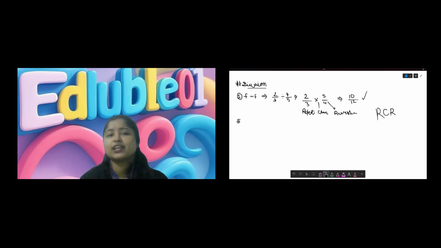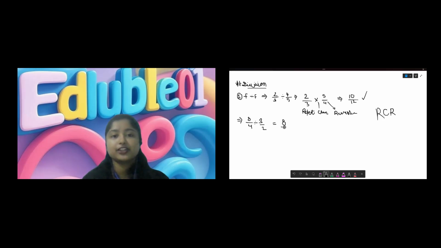Let's see a second example. If it is 8 over 4 divided by 3 over 2, how are we going to do this? We need to follow the rule of RCR again: repeat, change, and reverse. So that's 8 over 4.